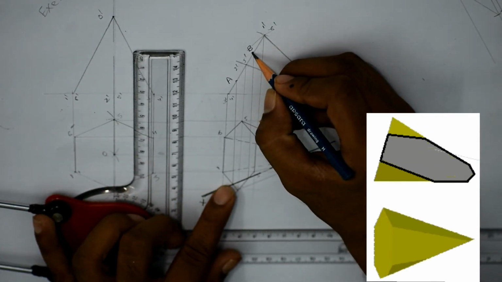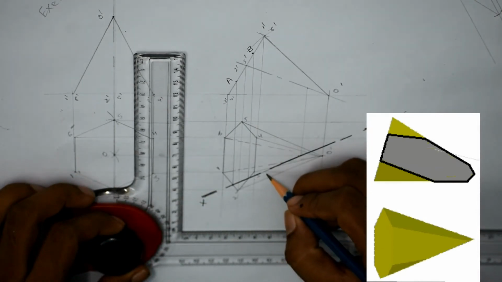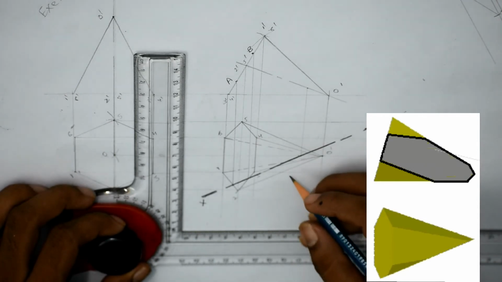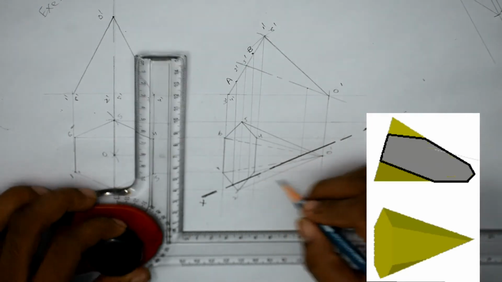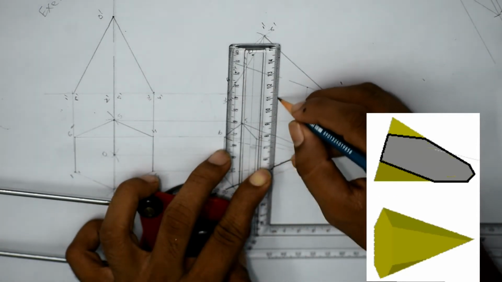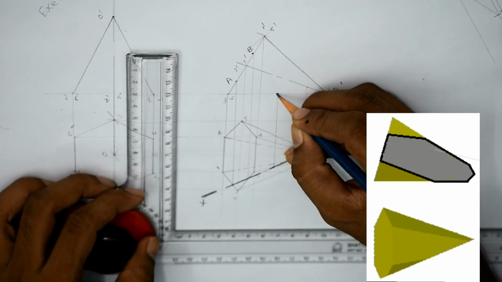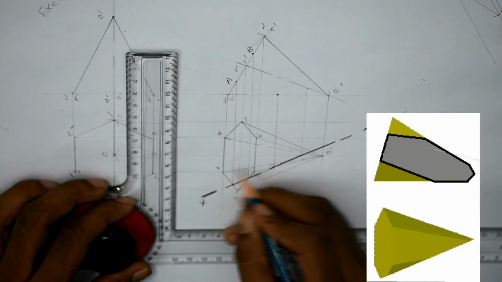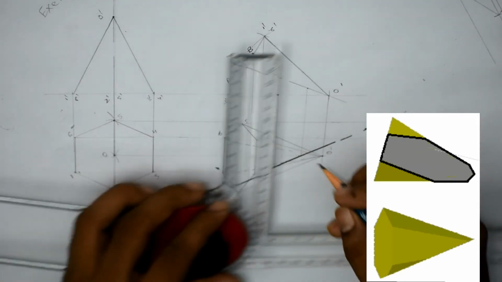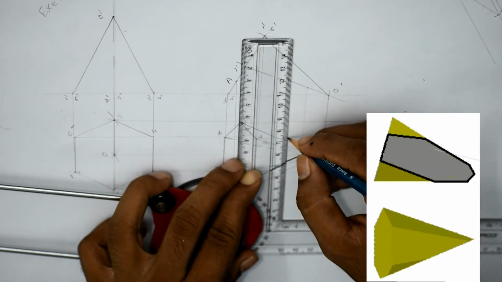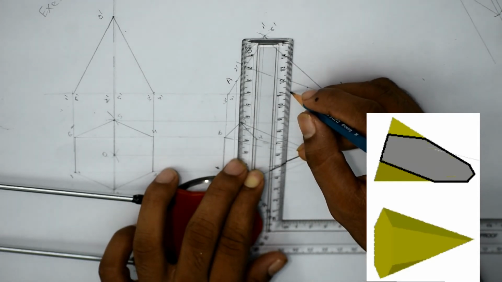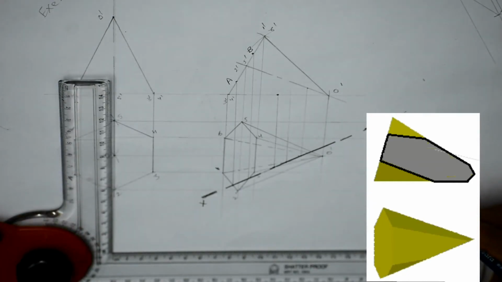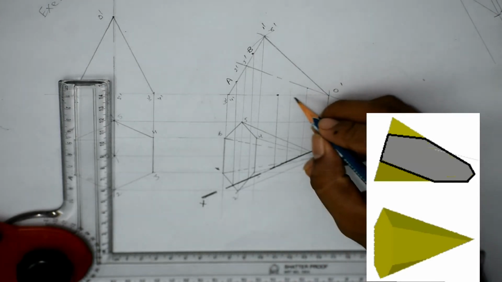So I have taken these 2 points here, and this is also cutting the generator. So you will get one more point here.